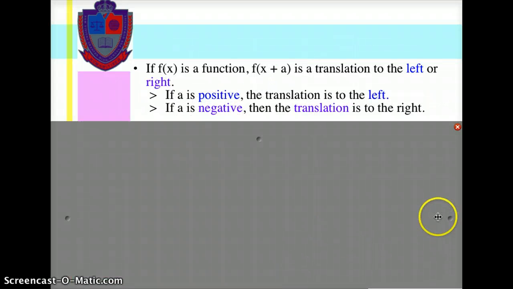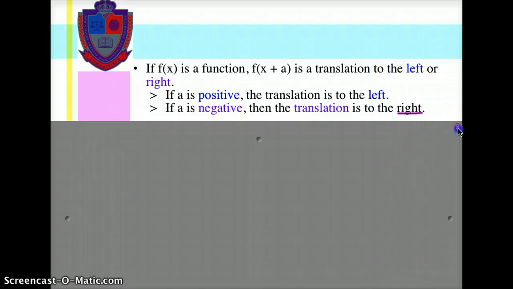Another way we could represent translation of a function is by adding numbers to x or to the actual function. If f of x is a function, f of x plus a is a translation to the left or the right. So here, if a is positive, it goes left. If a is negative, it goes right.